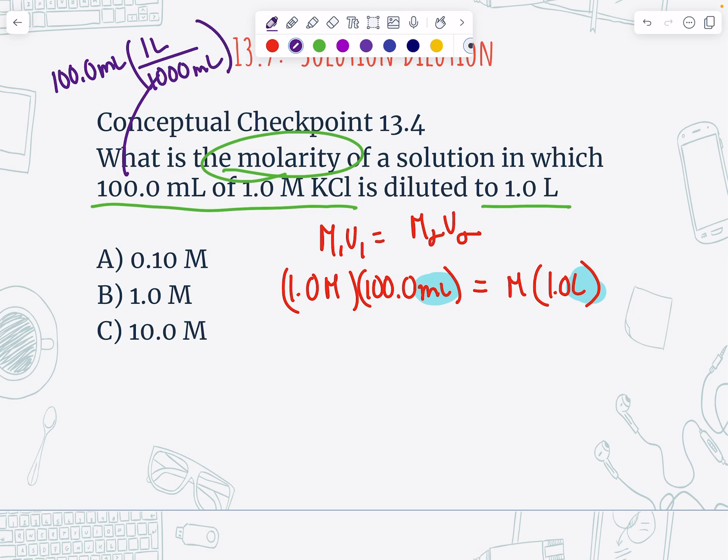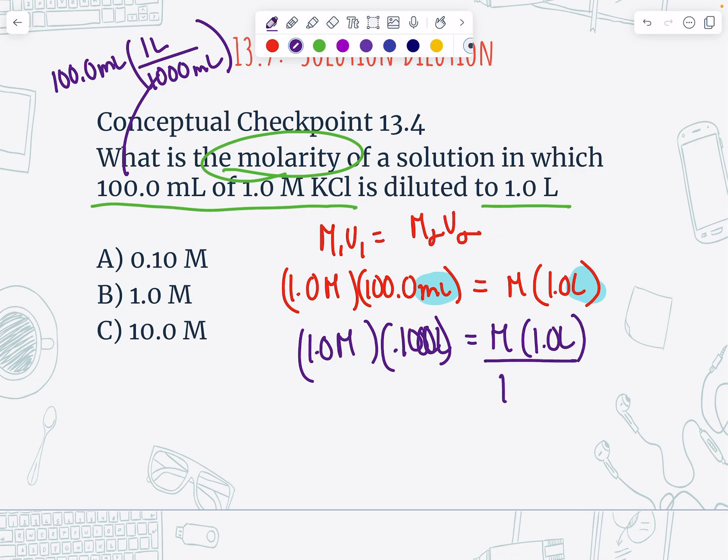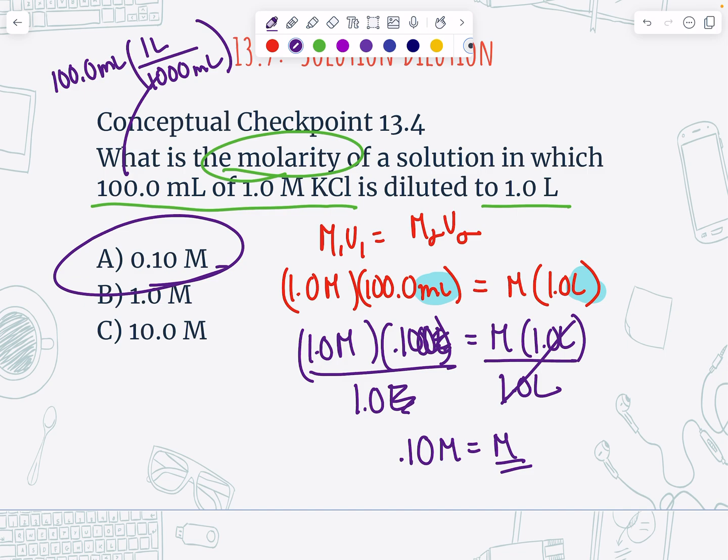So I divide that number by 1,000 and I get 1.0 molarity times 0.1000 liters, which has 4 significant figures, equals my new molarity times 1.0 liters. Dividing by 1 doesn't do anything, but I need to show that my units are canceling out, and 1 times 0.1 divided by 1 will be 0.1. I only have 2 significant figures, so 0.10 molarity will be the new molarity after I dilute it. So my right answer there is A.